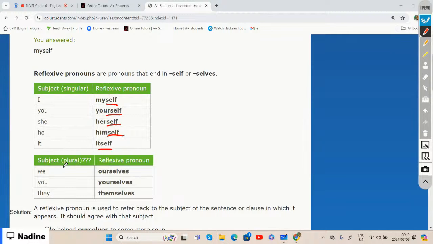And when we have a plural subject, our reflexive pronoun ends in selves, and it is we, ourselves; you, yourselves; or they, themselves, right?